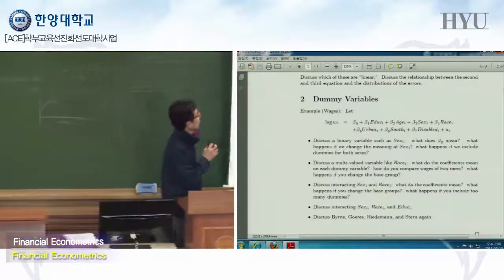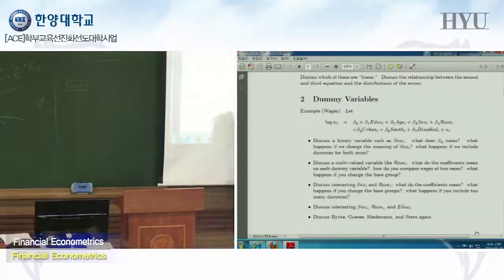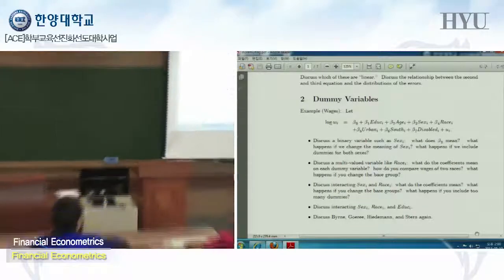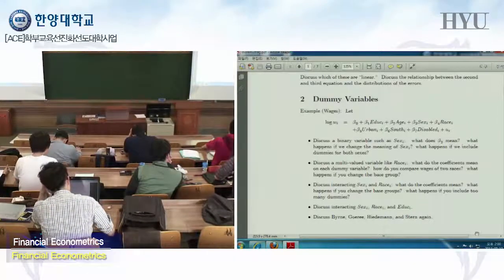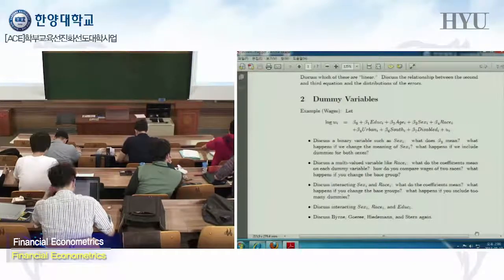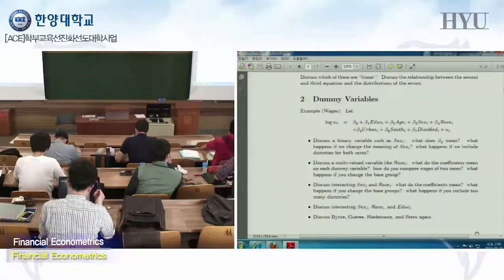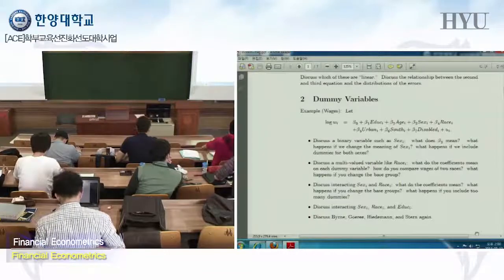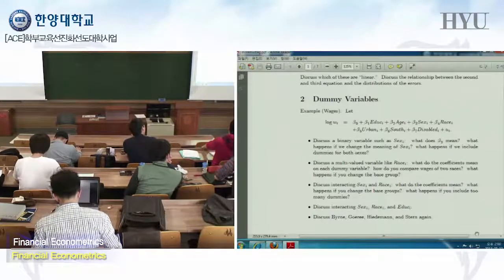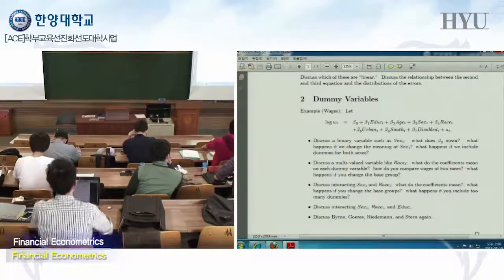Of course, this gender variable is a binary variable. With wage, a small number means a small wage and a large number means a large wage, so there is a natural ordering. But for man and woman, we cannot order between them. There is no natural value. It is just a category of the human.